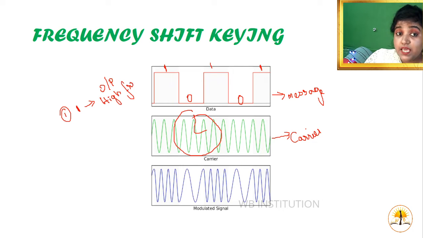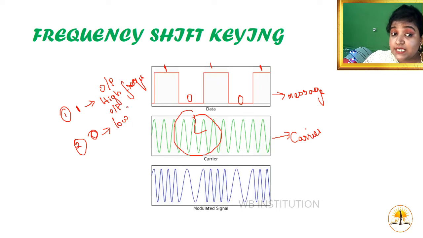A high frequency signal is transmitted in my output. Clear? My second mantra is that when 0 is transmitted, in the output I can find a low frequency signal. These are your two mantras under frequency shift keying. Clear? Fine.